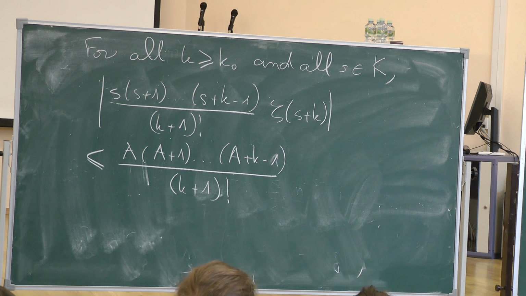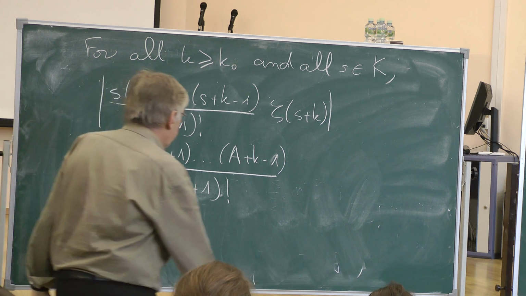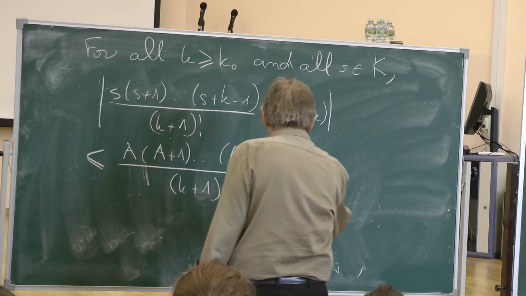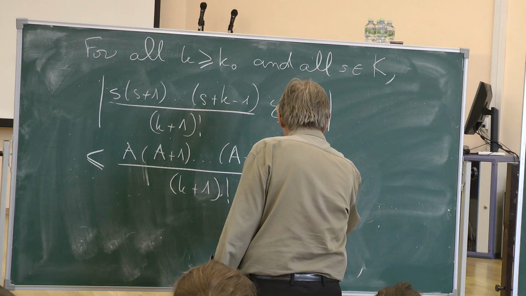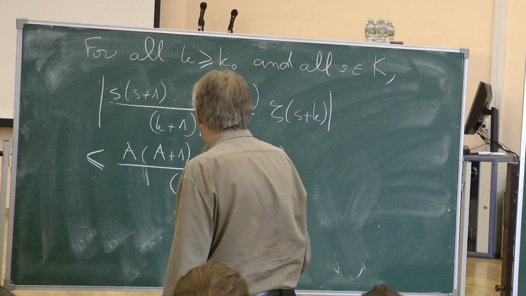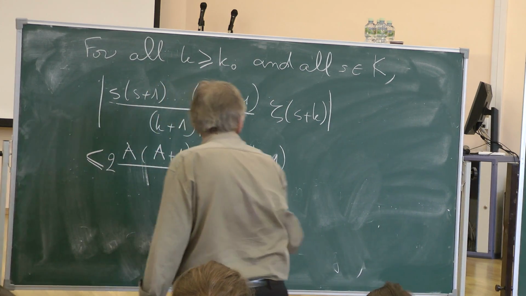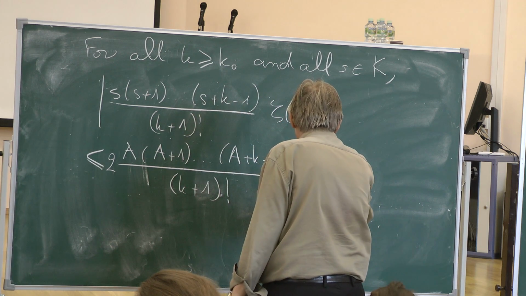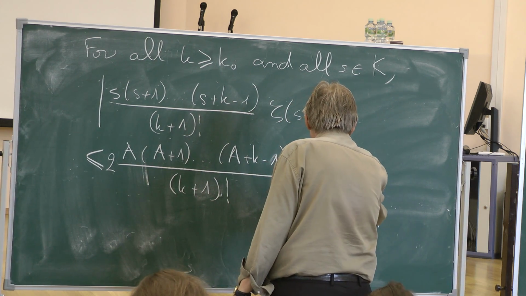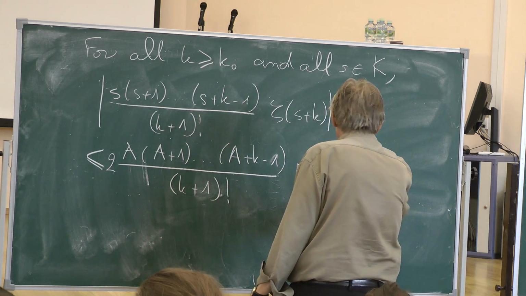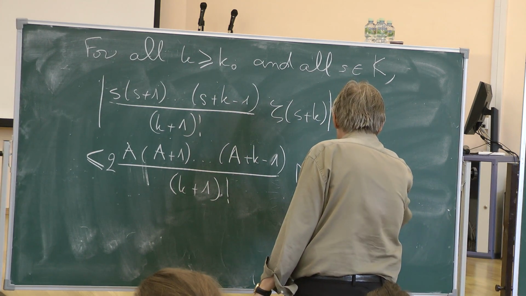So, in fact, I will have a 2. I will have an N to the power 1 minus sigma minus k.